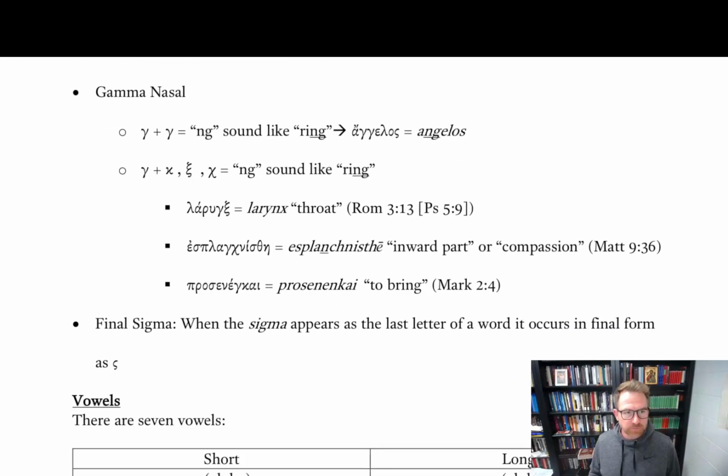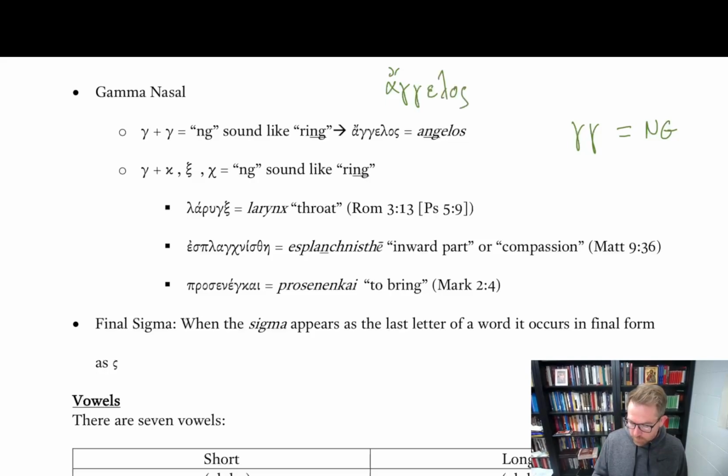Gamma nasal. This is important because you'll come across this occasionally. When you have the gamma doubled, it becomes an NG sound in English. So famously the word angelos, where we get angel from, the gamma becomes NG, angelos.